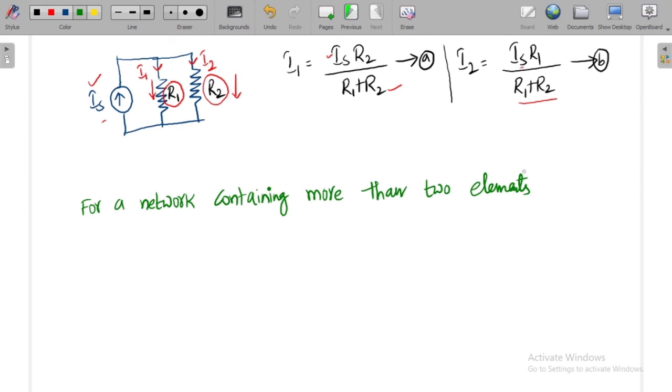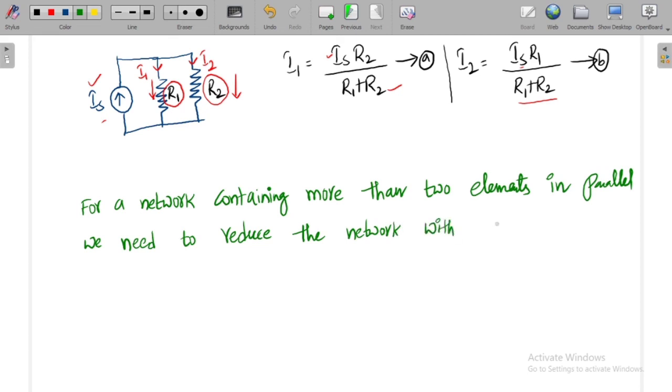Now for a network which contains more than two resistors, as we have seen in voltage division that there are n number of resistors, how do we apply the rule? Here also, if we have a network containing more than two elements connected in parallel, we need to reduce the network to two elements using the network reduction technique.